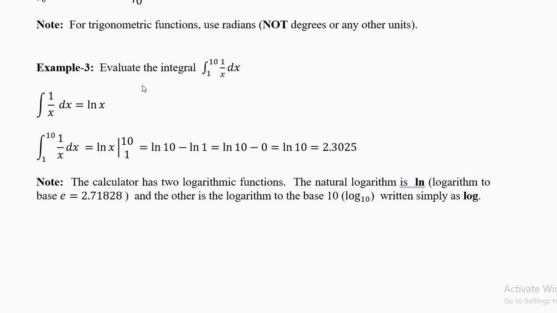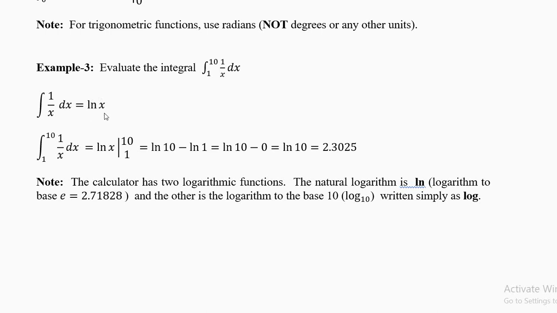Next is example 3. Evaluate the integral 1 to 10 of 1 over x dx. Now 1 over x, what function is it? It is the power function, but the power is minus 1. So you cannot use the first formula, x power n plus 1 divided by n plus 1, because you cannot divide by 0. Here the power is n equal to minus 1.